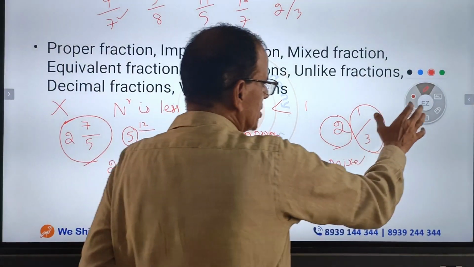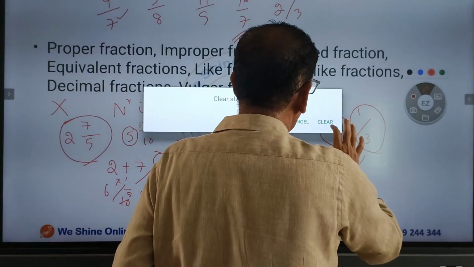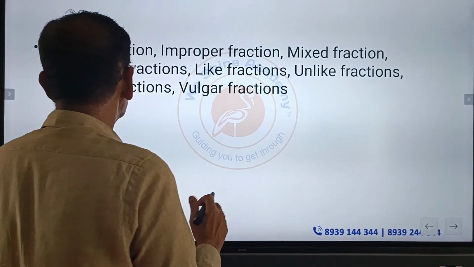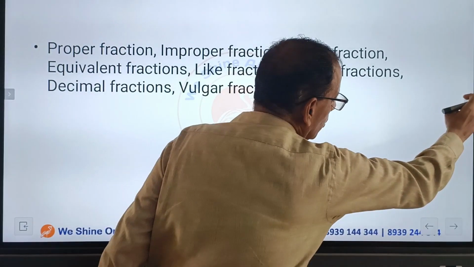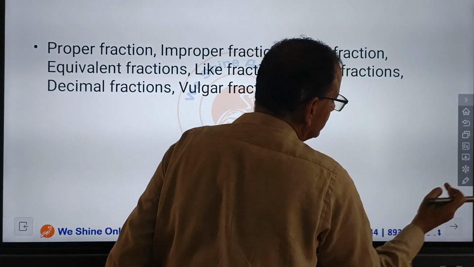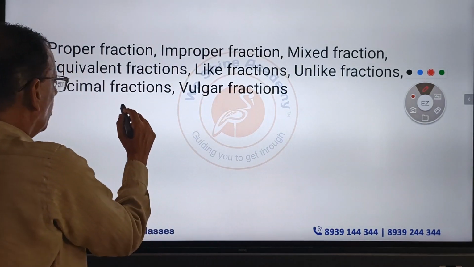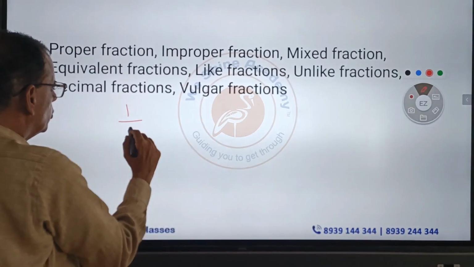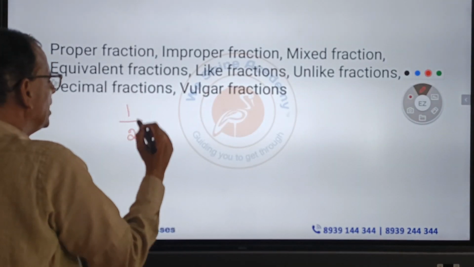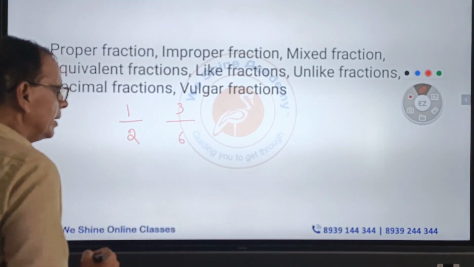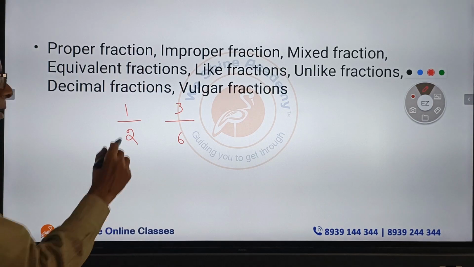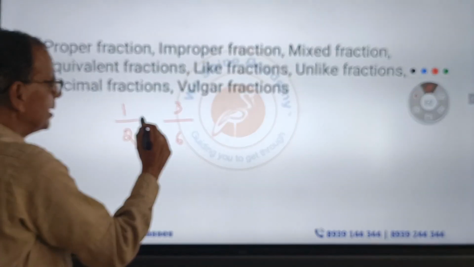Equivalent fractions. What do you mean by equivalent fractions? Suppose I take 1 by 2. I am multiplying this by 3, and I am multiplying this also by 3. Is 1 by 2 equal to 3 by 6?